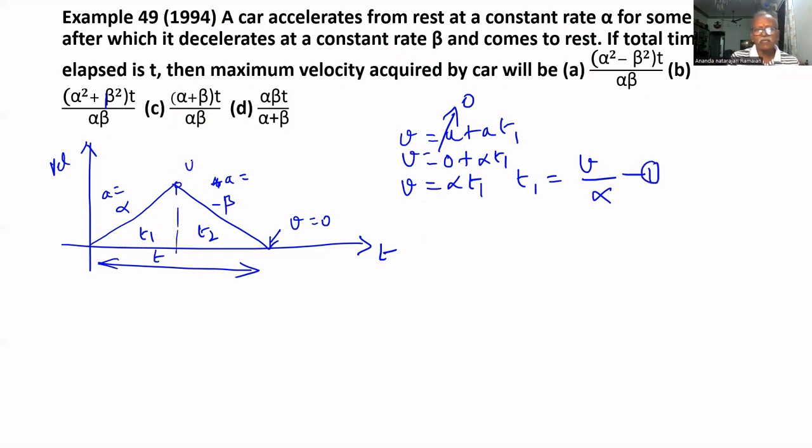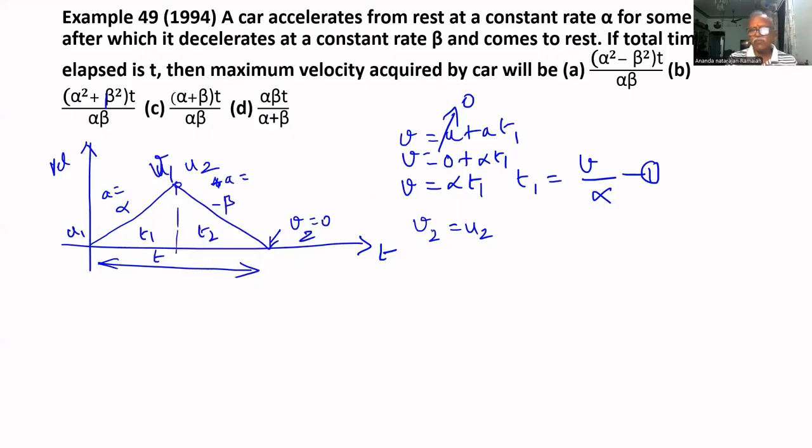Initial velocity is u2. Therefore, we know that v2 equal to u2. This part is u2, this is v2. This is u1, v1. v1 equal to u2.